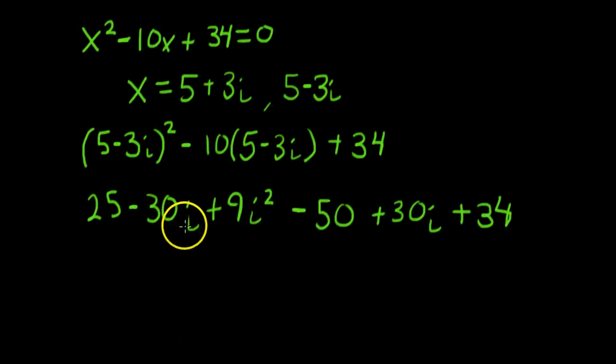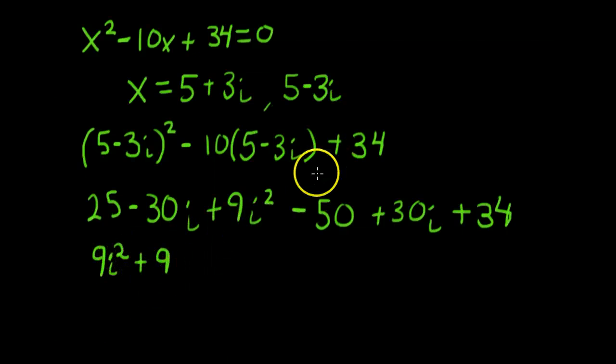We have a 9i squared right here, which is the only such term. Then we have 25 minus 50 plus 34, which ends up being positive 9. And then we have negative 30i and positive 30i, so those cancel.